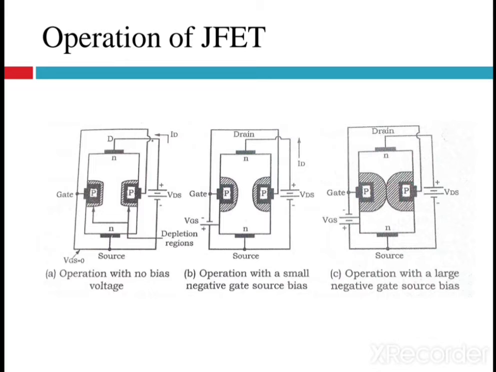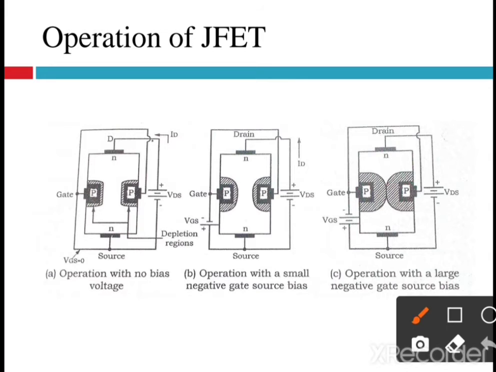Now come to our next condition, where we apply a small negative VGS. A small negative voltage is applied between the gate and the source. Due to the reverse voltage applied across the gate source junction, the penetration of the depletion region into the N-type material increases further.